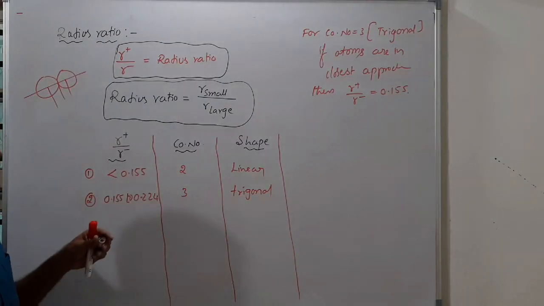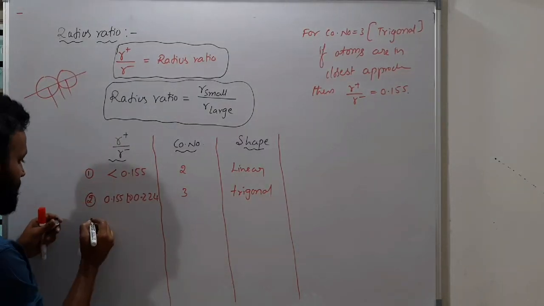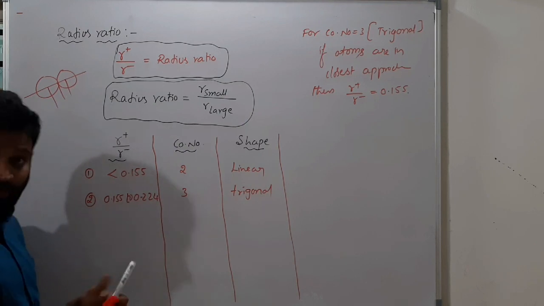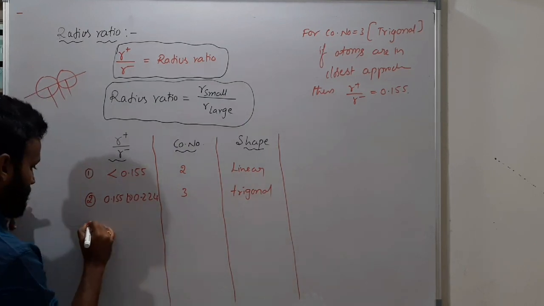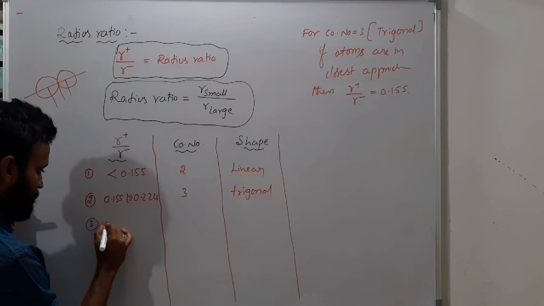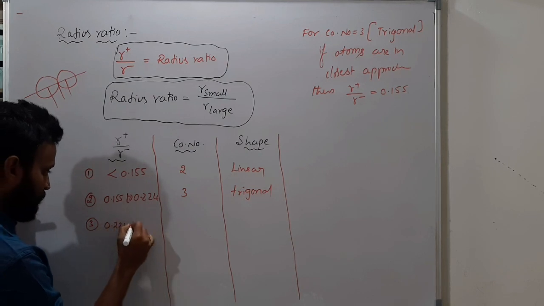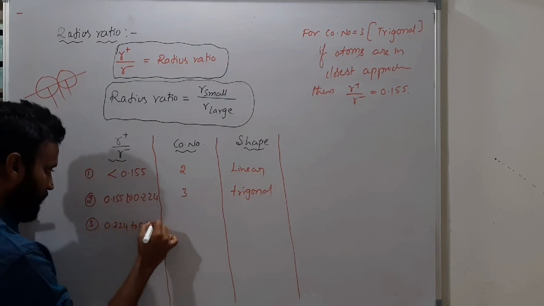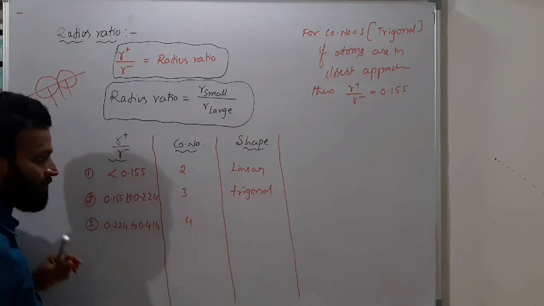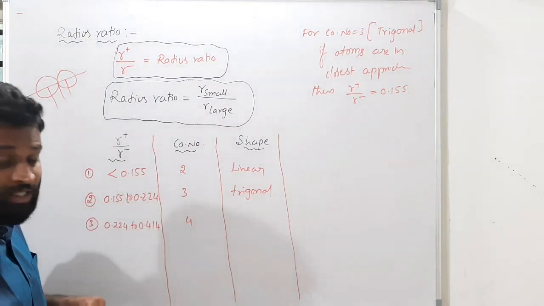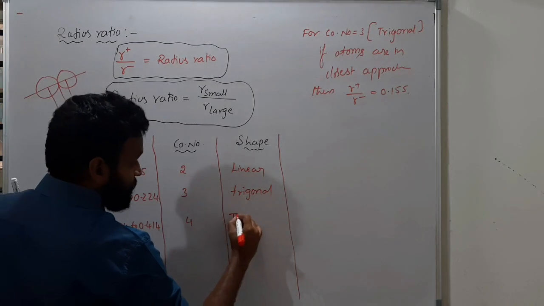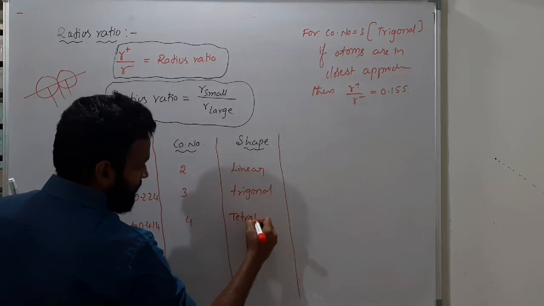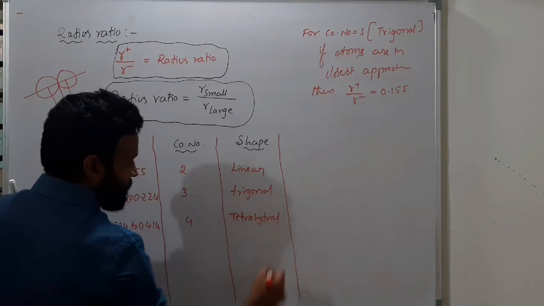Next, the third one: if the radius ratio is from 0.224 to 0.414, then the coordination number is 4, and the shape is tetrahedral for that solid.